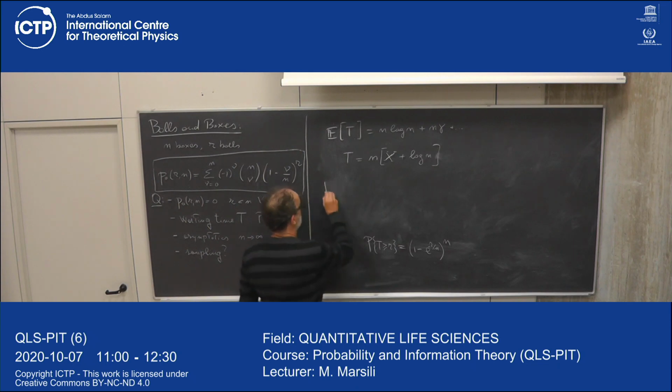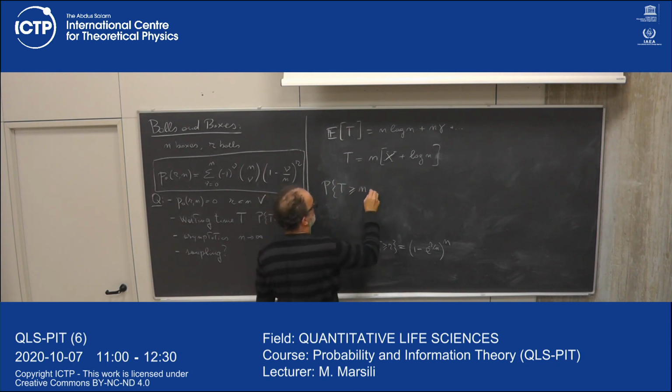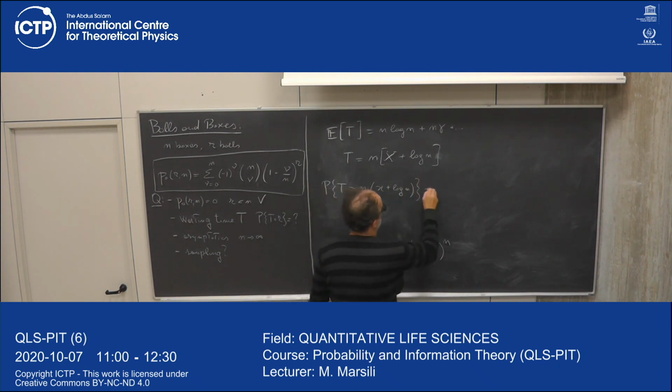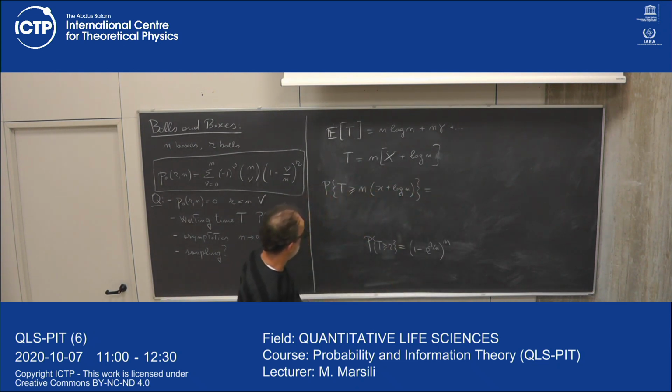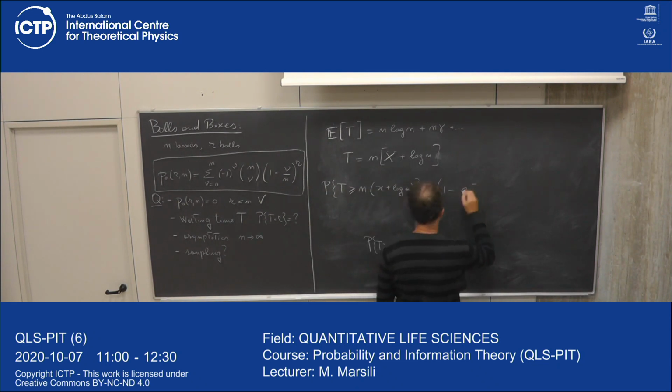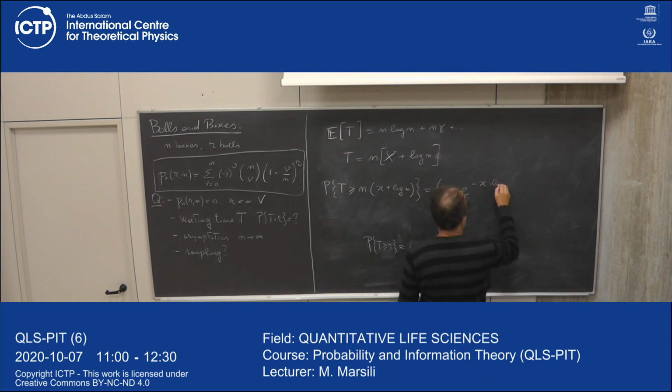So if you compute the probability that t is larger or equal than n times x plus log n, this is given by 1 minus e to the minus x minus log n, to the power n.